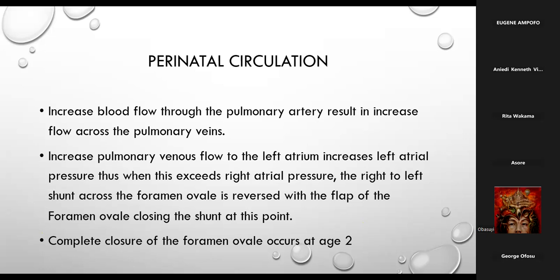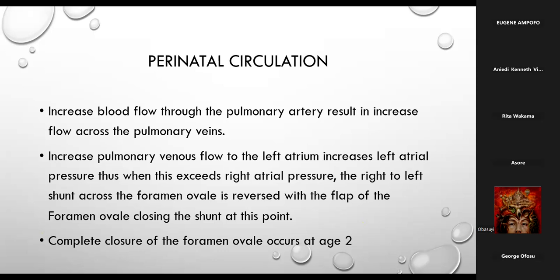When there is increased blood flow through the pulmonary vein, that means there is also increased blood flowing to the left atrium, and subsequently the pressure in the left atrium rises to the extent that it exceeds the right atrial pressure.